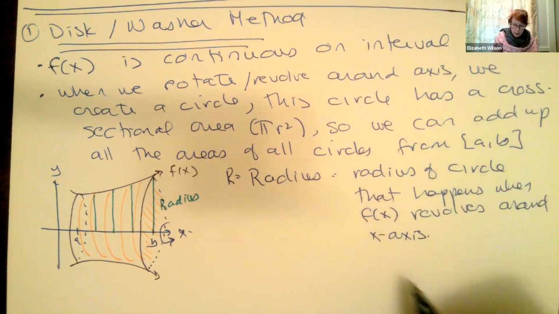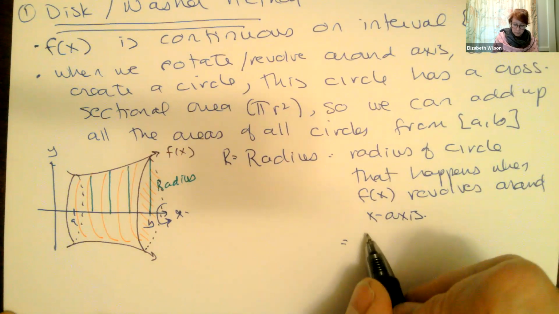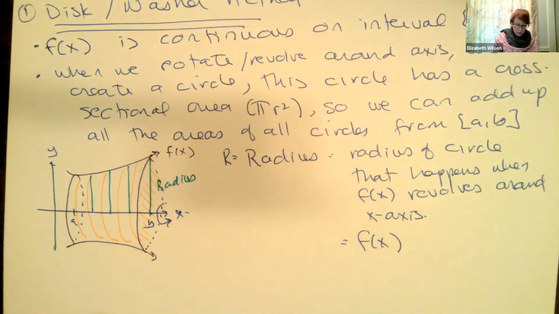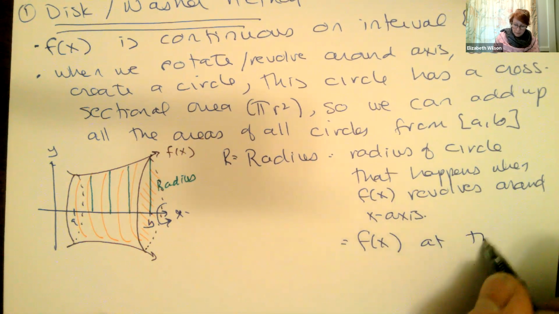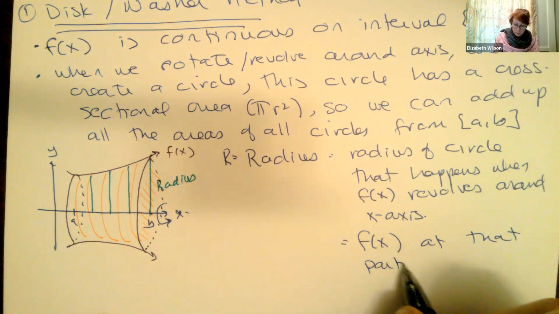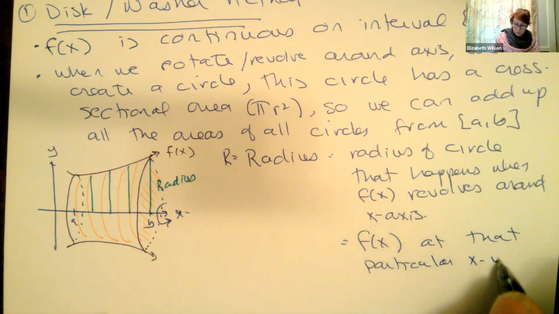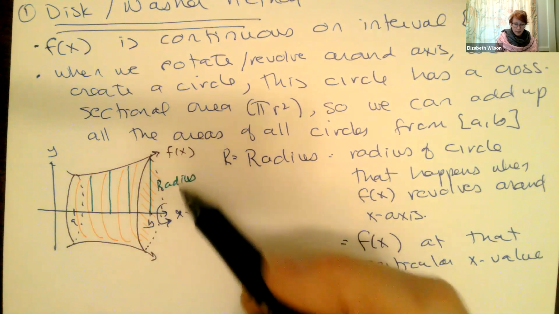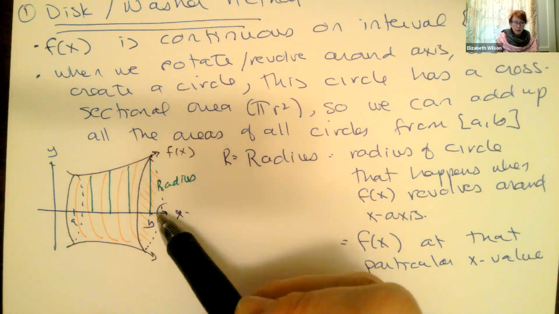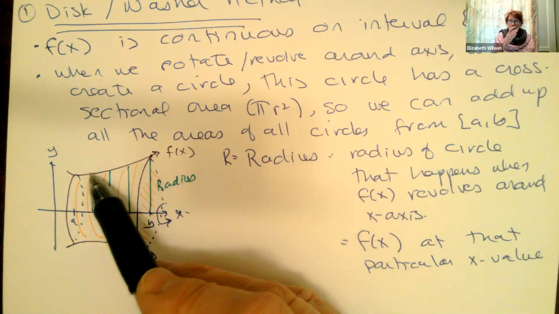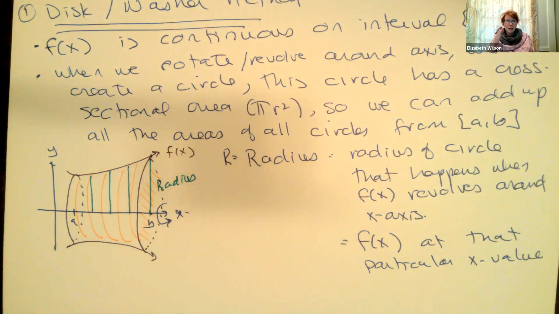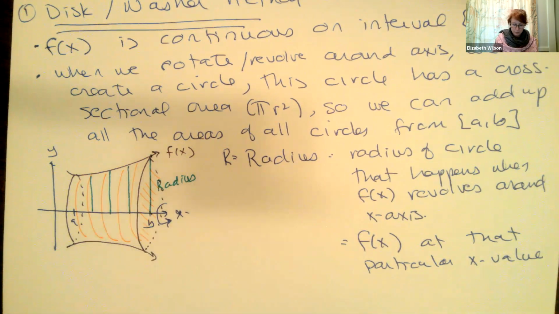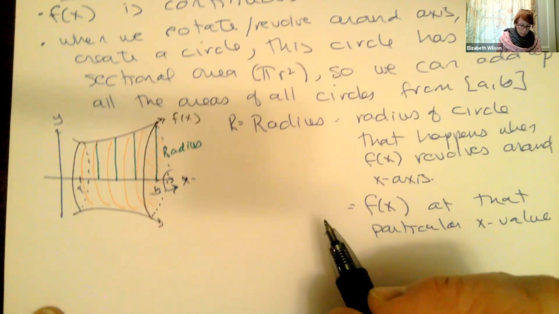So the radius r is actually equal to the height of our function, this distance right there, at that particular x value. F of x isn't a constant. It's changing. You can see I've got all these different circles because they all have different radii, because my function is changing as x goes from a to b. So I'm going to put all that together to come up with my volume.